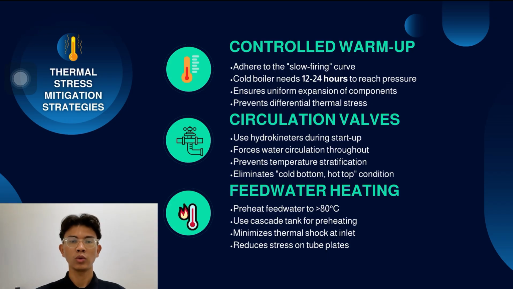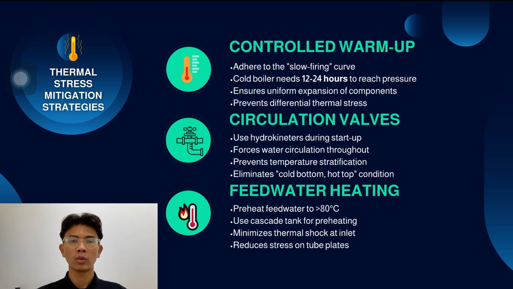So how do we mitigate this? We have 3 main strategies. First, control warm-up. We must adhere to the slow firing curve. A cool boiler should take 12 to 24 hours to reach pressure to ensure uniform expansion. Second, circulation. We use a hydrokinetic pump during startup.